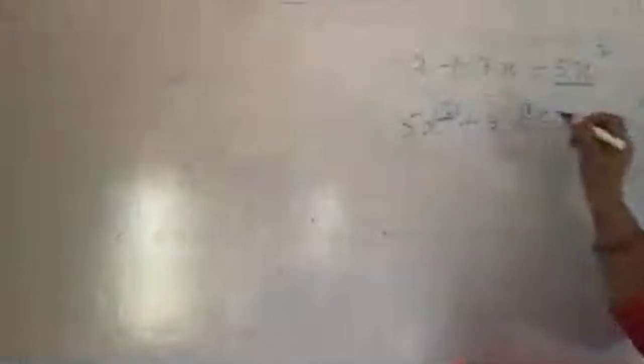C is a constant, correct? So decreasing order of magnitude means 2 is here, 1 is here. We can write it 0 also: 2, 1, 0. So we arrange it in the decreasing order of magnitude.